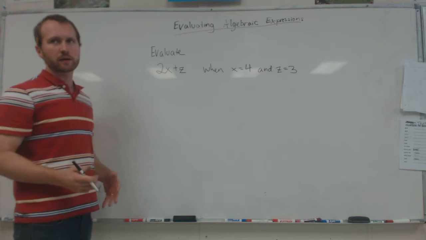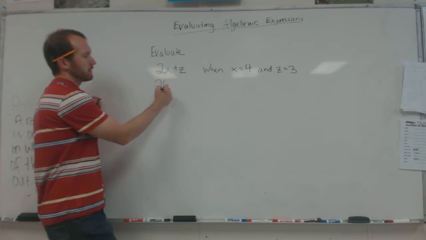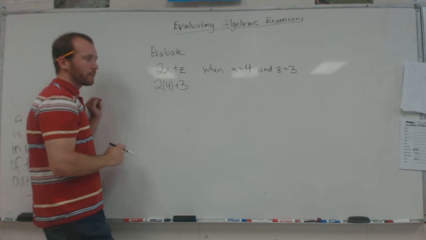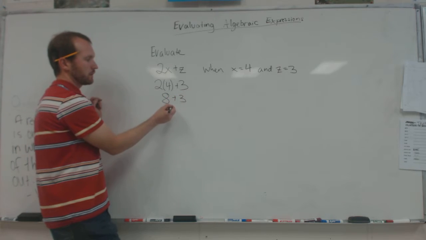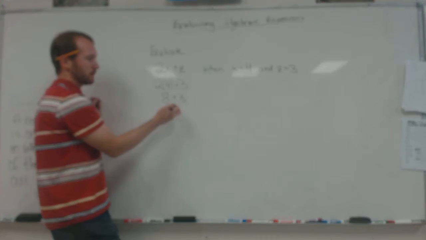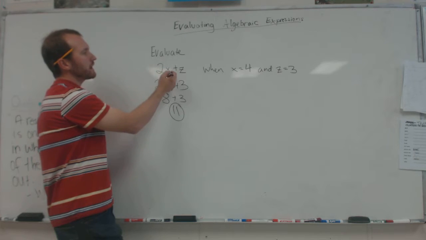Same thing. Yeah. Okay, so what am I going to rewrite this as? 2 times 4 plus 3. Very good. First do the 2 times 4, and you get 8 plus 2 is 10. Then your answer will be 10. So 8, 9, 10, 11. 11. Very good.